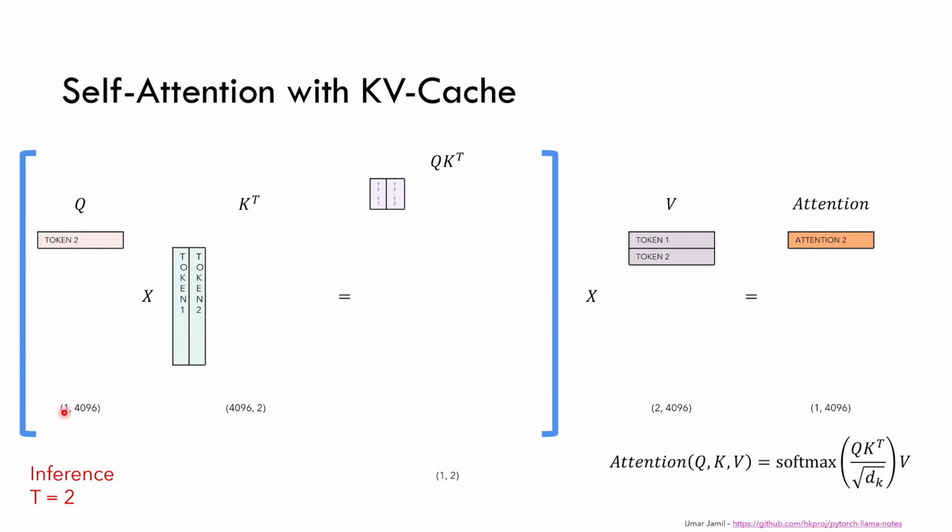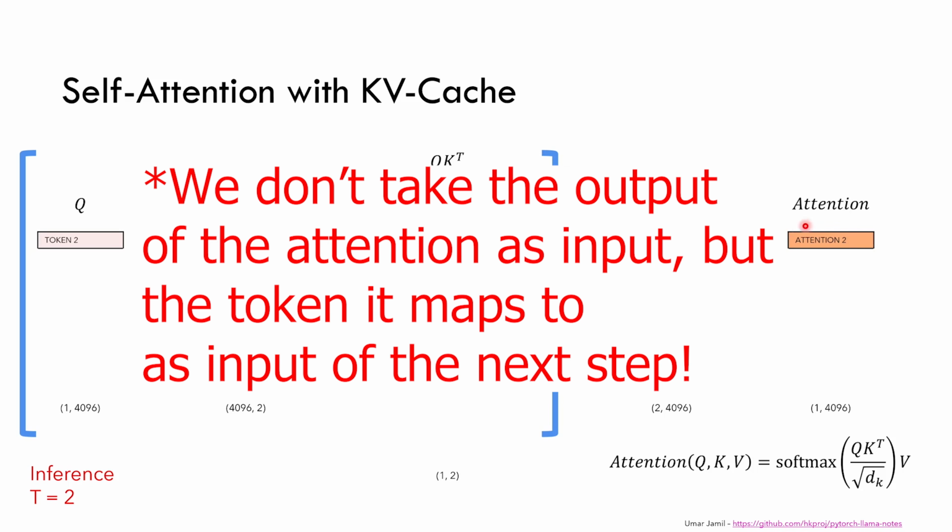If you do this multiplication, it will produce a matrix that is 1 by 2, where the first item is the dot product of token 2 with token 1 and the second is token 2 with token 2. This is actually what we want. And if we then multiply with the V matrix, it will only produce one attention score, which is exactly the one we want.